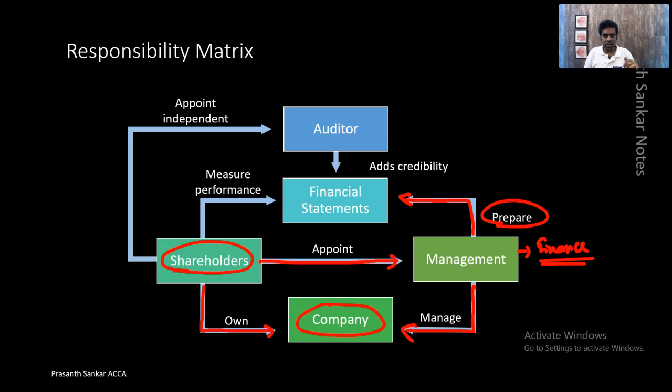So that the shareholders who have invested their money into the company can measure the performance of the company via the financial statements prepared by the management. So the shareholders will get the confidence of whether the company is actually making profits or losses, or whether they are losing the investment. They will be able to measure the performance of the company via the financial statements prepared by the management.